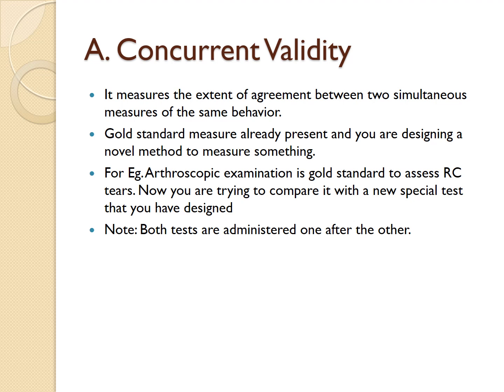You do these two tests at the same time, one after the other, and compare if there is a good agreement between them. They assess the same behavior, whether there's a rotator cuff tear or not, and assessing the agreement between these two is called concurrent validity.